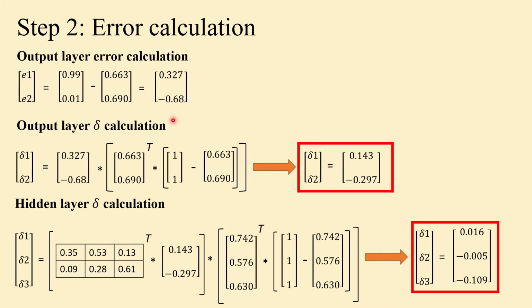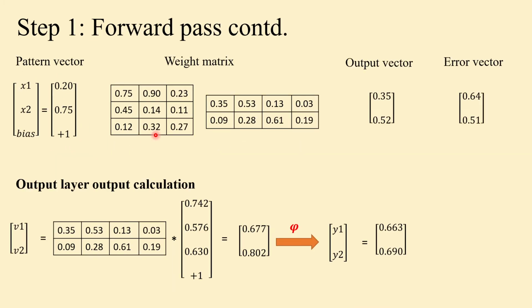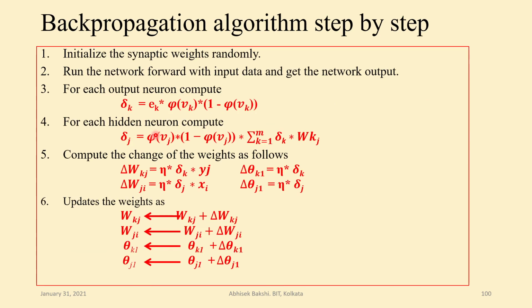Now your delta calculation starts, the output layer delta calculation that we have seen. What we have seen over here was something like output into 1 minus output into summation over delta k into wkj, and this part we can easily compute by the matrix.